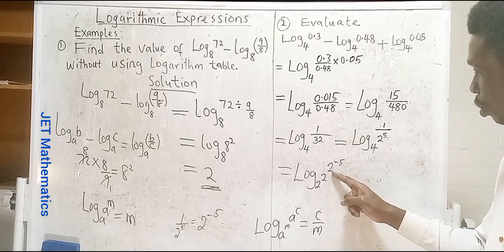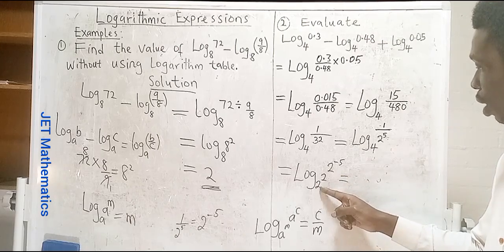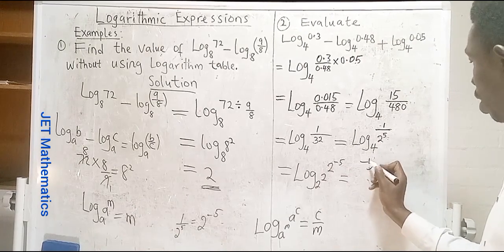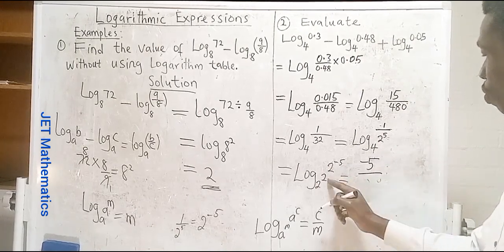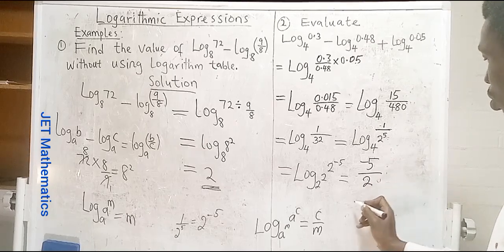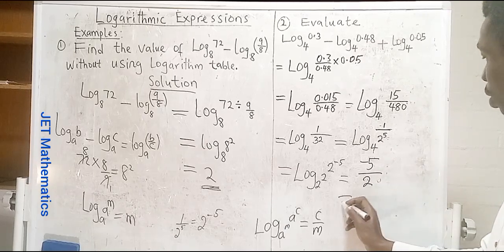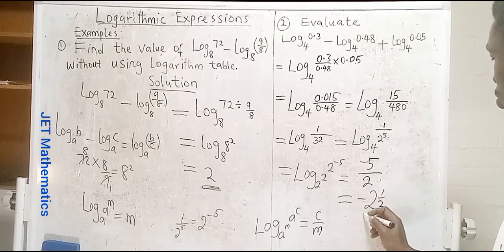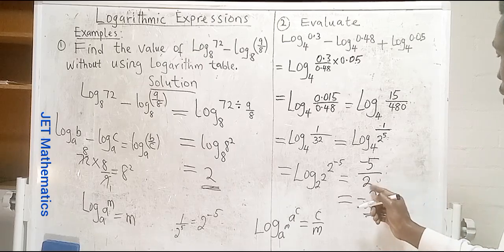So we have here to be 2 and we also have here to be 2, they are equal, so our result can be written as minus 5 over 2, which you can, if you want to write as a mixed number, minus 2 whole number 1 over 2. You can stop there, that's the answer.